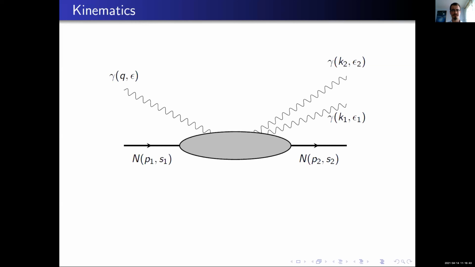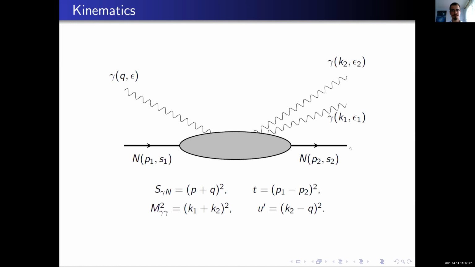The whole process will be described in terms of four invariants: the center of mass energy squared, which is assumed to be much larger than the mass of the nucleon, the momentum transfer squared, the invariant mass of the diphoton (k1 plus k2) squared, which provides the hard scale to this process, and also the invariant u prime, which is another hard scale.